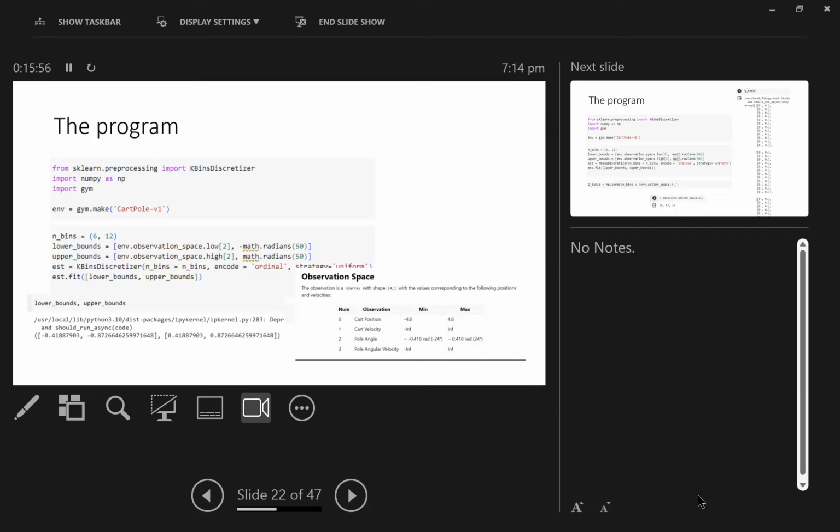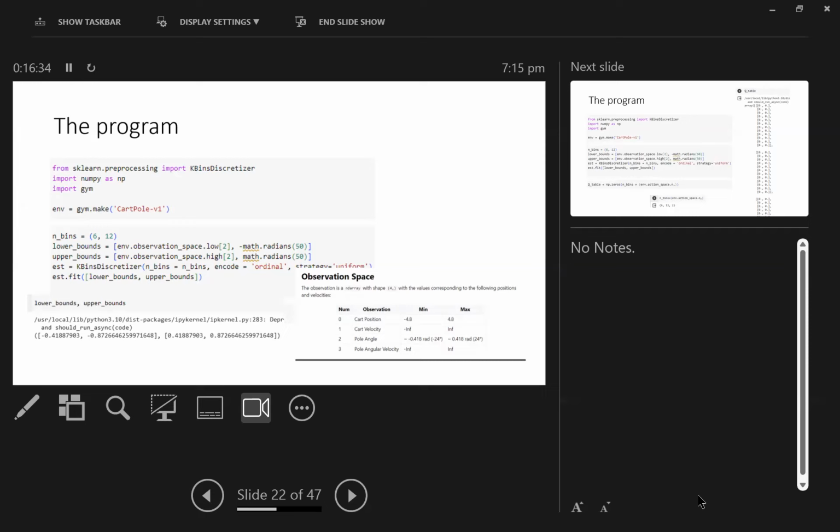In this example, we decided to divide the pole angle into 6 bins. The degree range is minus 24 all the way up to 24, so the total range is 48 degrees, divided by 6, so each bin covers 8 degrees.